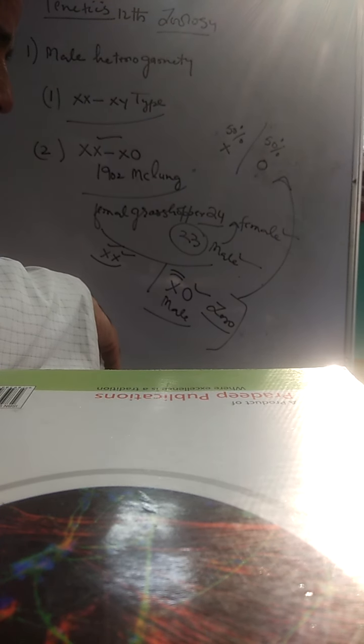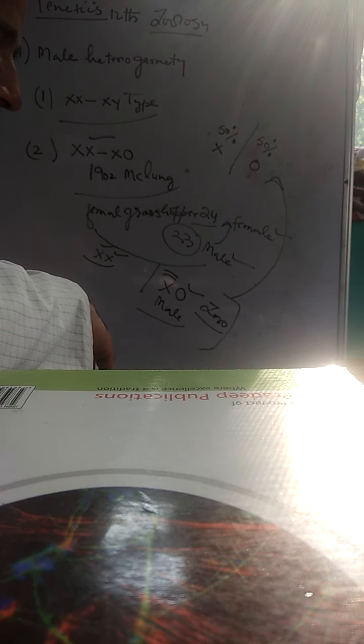In the XY type, X and Y are called heterogametic. In this system, because X and Y are different, females are homogametic, producing only one type of gamete with an X chromosome.